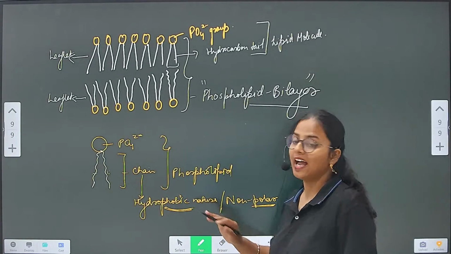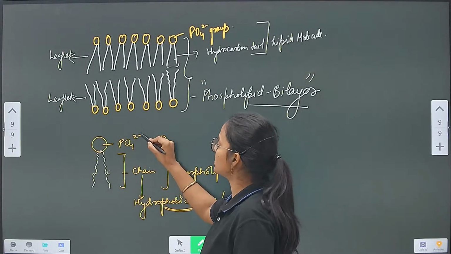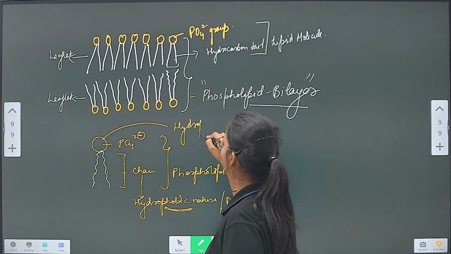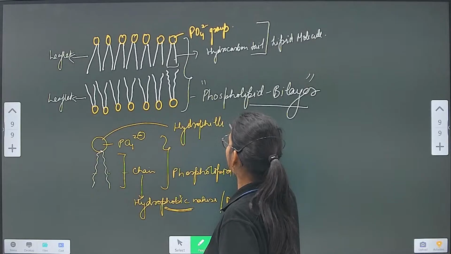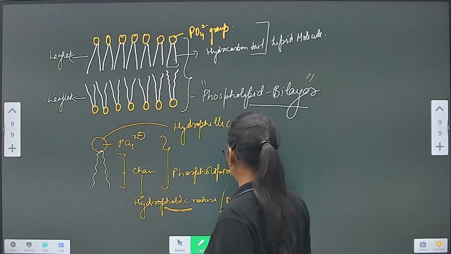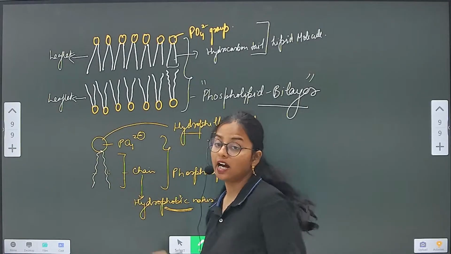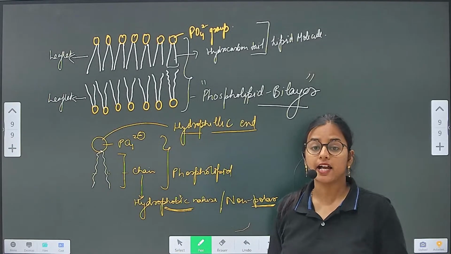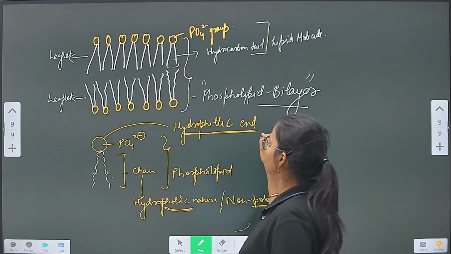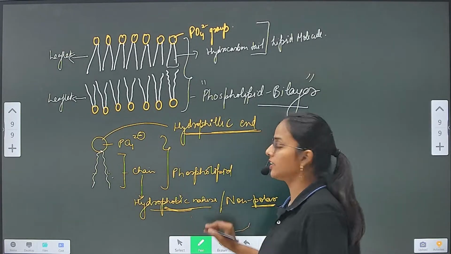Okay, and the one which loves water is the phosphate group, because it is charged, so we can label it as hydrophilic. Is that clear? Hydrophilic end, that can attract water or that can react with water. So the same molecule is having hydrophilic end, and the same molecule is having hydrophobic end.